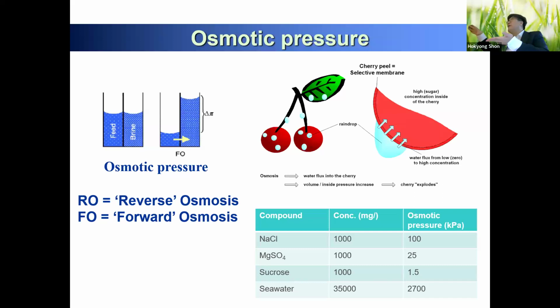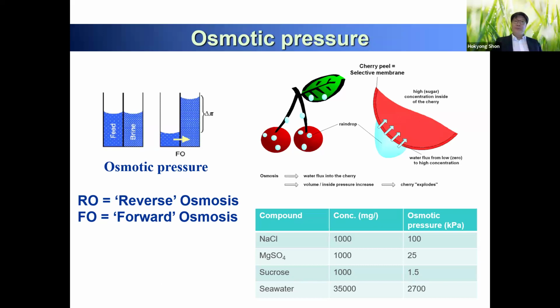Osmotic pressure keeps changing. Handwriting, yes, you can do that, but it takes time and a lot of mistakes will happen. That's the reason why we use this software to make it much easier than handwritten calculation. So that's the osmotic pressure.